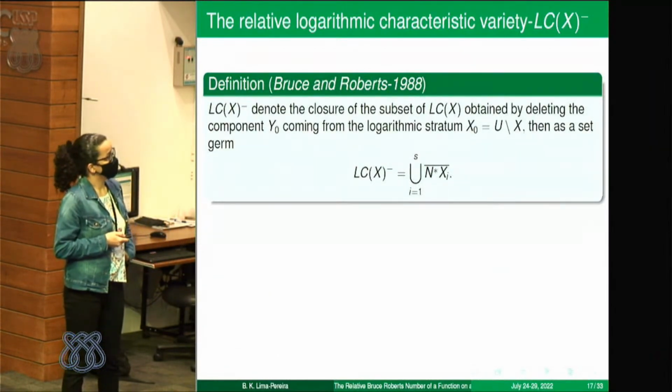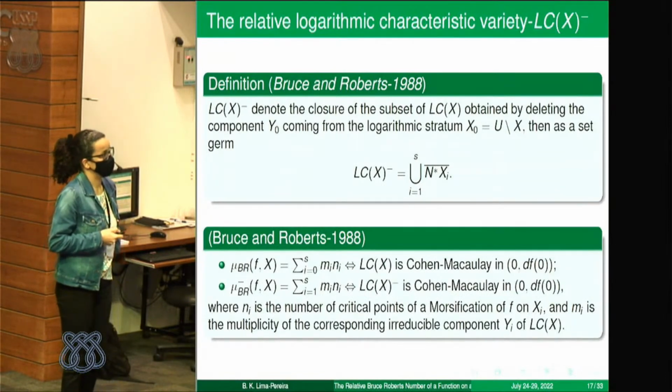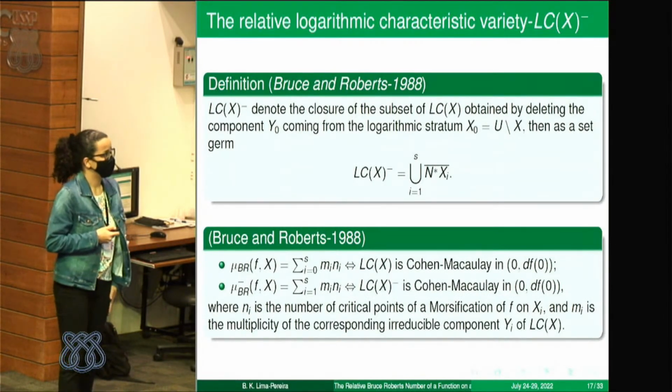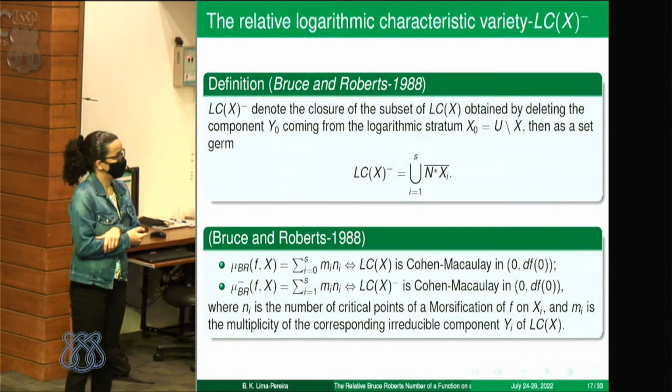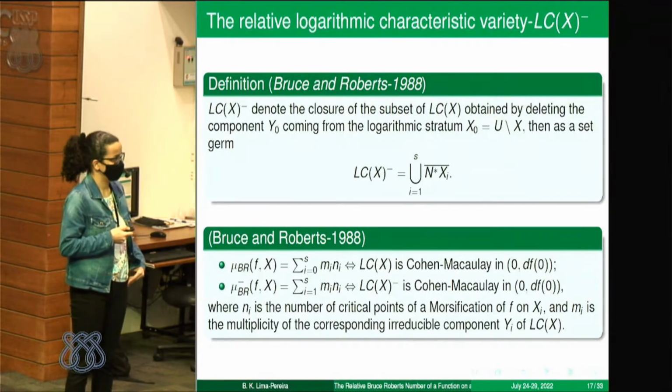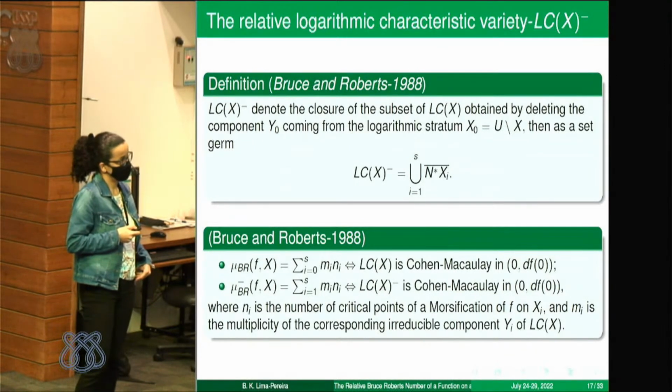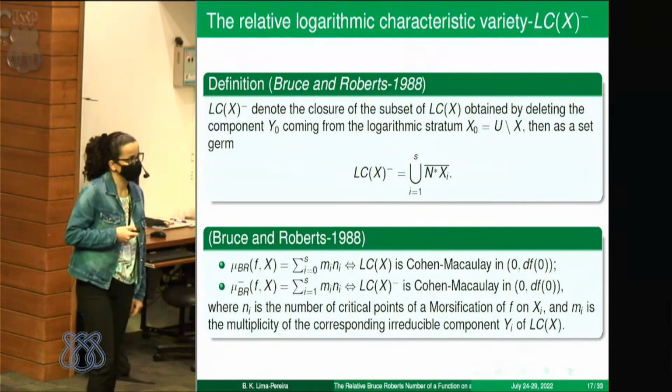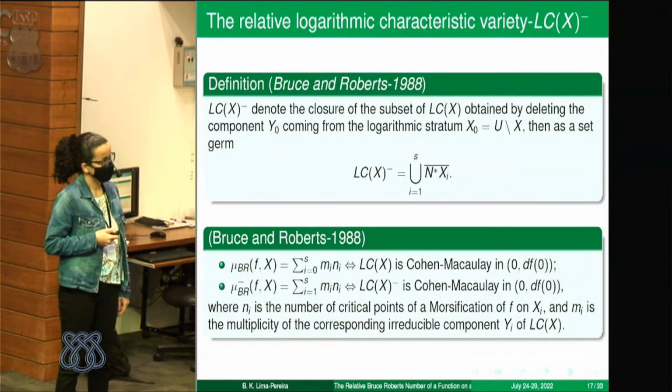Well, so a result: Bruce and Roberts proved that the Bruce-Roberts number is equal to this sum, with i from 0 to s, if and only if LCX is Cohen-Macaulay at this point, okay? And the relative Bruce-Roberts number is equal to this sum, with i from 1 to s, if and only if LCX minus is Cohen-Macaulay at this point.